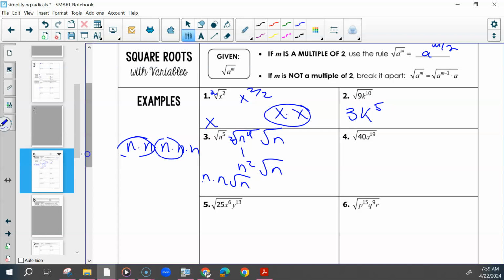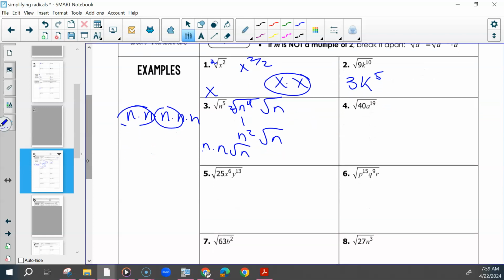Questions on that? Now let's do number 4, where we have to simplify it more. So first, for the number, do we want to do perfect squares or breaking it down by factors? Okay. So think of the highest perfect square we can divide 40 by. Is that a perfect square? 2.